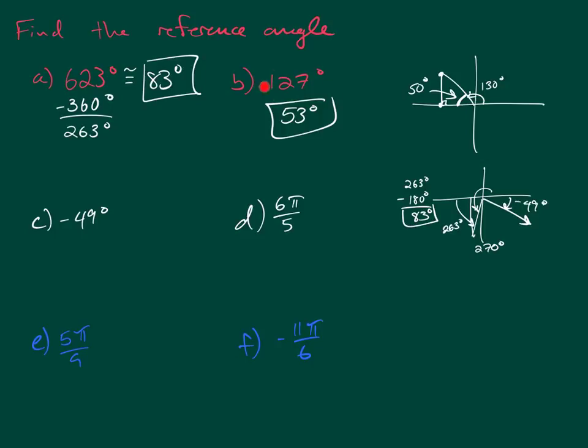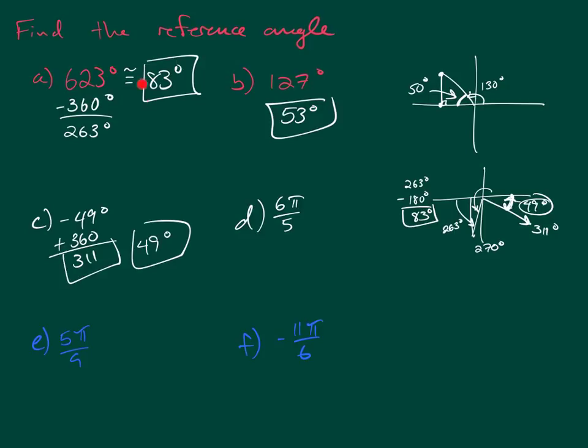This is between 0 and 360, so I was just able to figure out how far I need to go to get to the full 180 degrees. But for this one, I want to add 360 degrees and get 311. So really this is 311 degrees. How far do you need to go to get to the full 360? Well, it ends up being 49 degrees. That is your reference angle here.